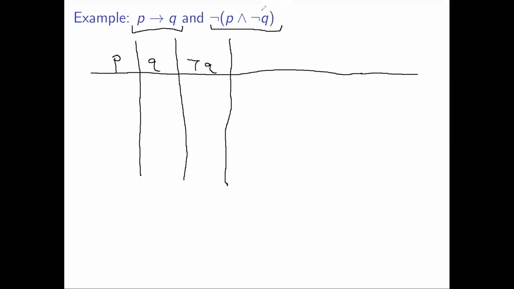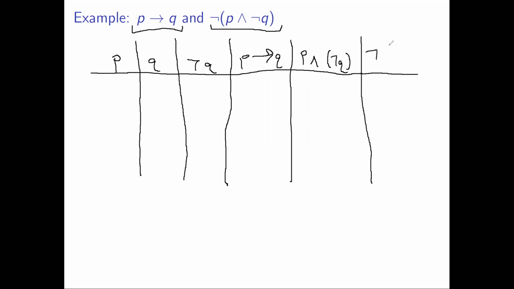So we have a not Q over here, we have a P implies Q over there, and then we have a P and not Q over here, and then we have the not P and not Q. That's the last one we have to do. So that's everything. Now we can do the truth table.